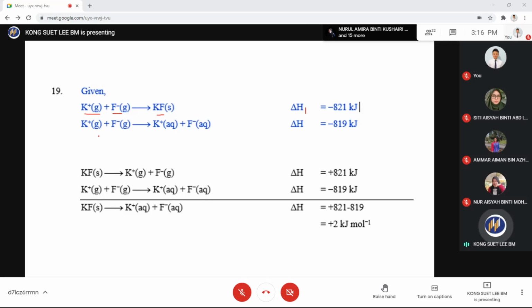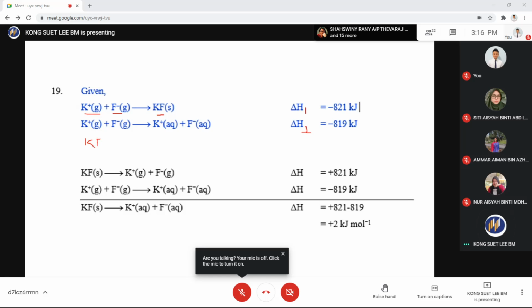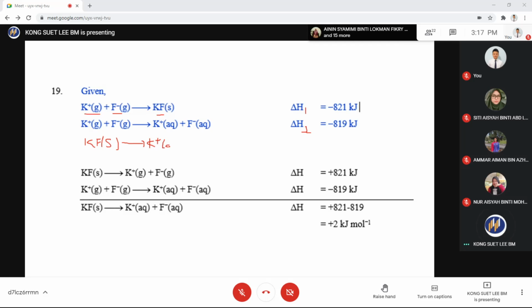Enthalpy of hydration is the gaseous ions dissolved in water to form aqueous ions. I give it as enthalpy 2. Then calculate the enthalpy of solution. Solution means KF dissolved in water to form K plus aqueous plus F negative aqueous. So this is the definition for enthalpy of solution for potassium fluoride.